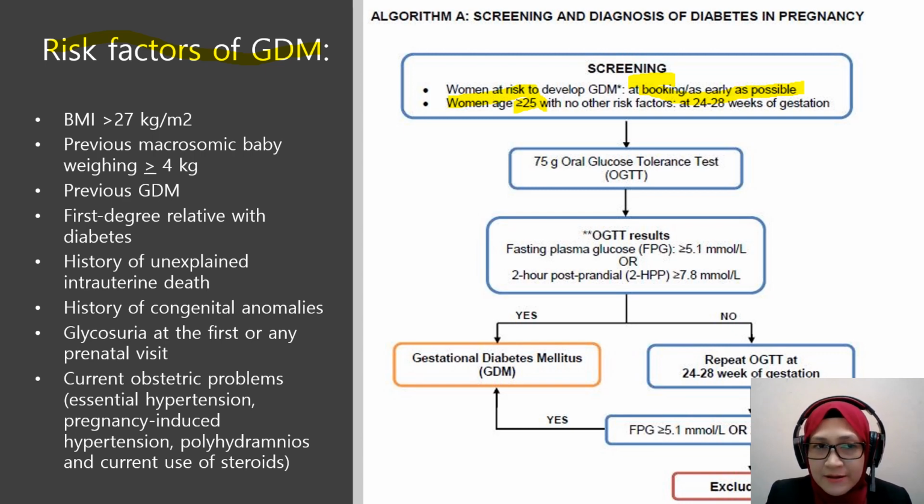The OGTT test is when the mother will be asked to fast early the night before.